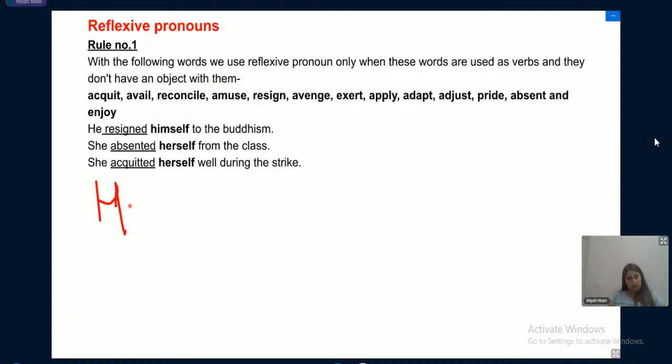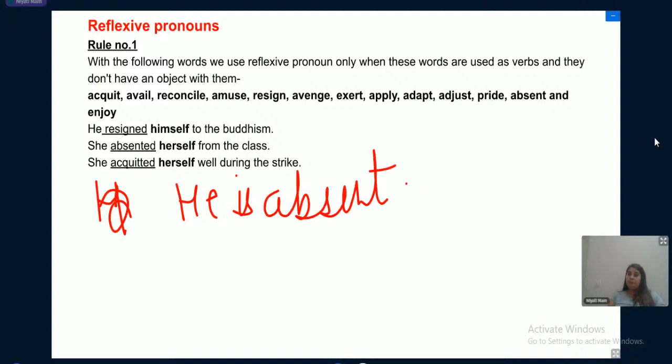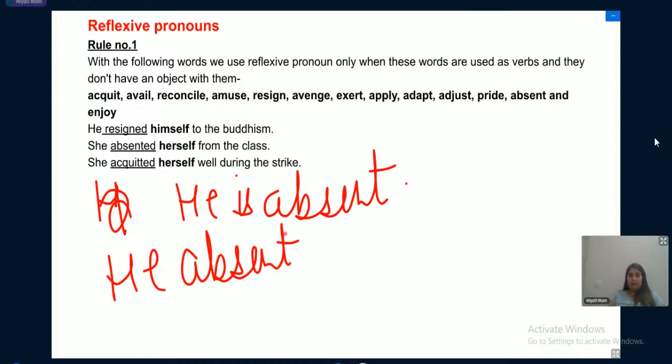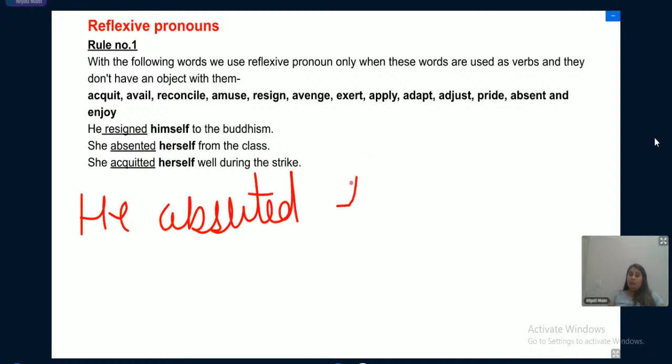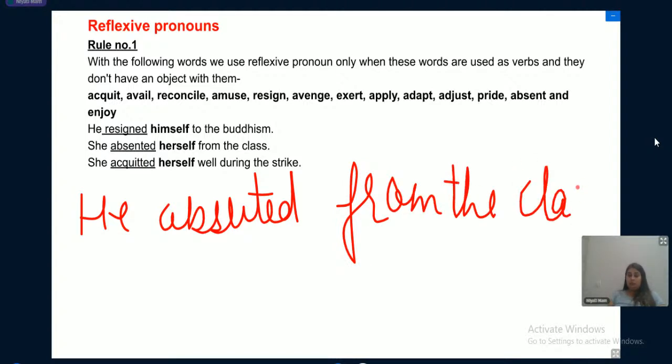Okay, he is absent. He absented from the class. Just consider the sentence first. He absented from the class.